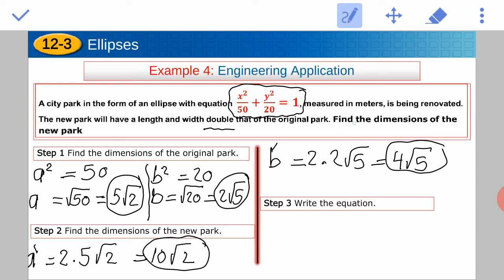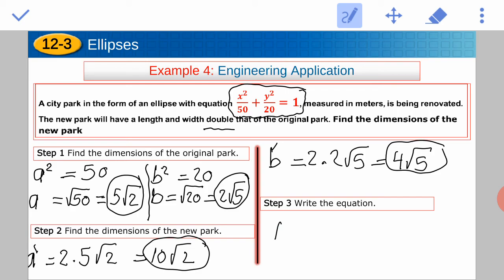Now our job is to write the equation of the new park. It's centered at (0, 0). Apparently there is no change, there is no kind of translation of that center. The original center is at (0, 0), so it remains the same.